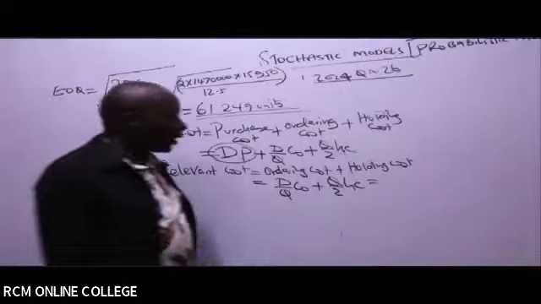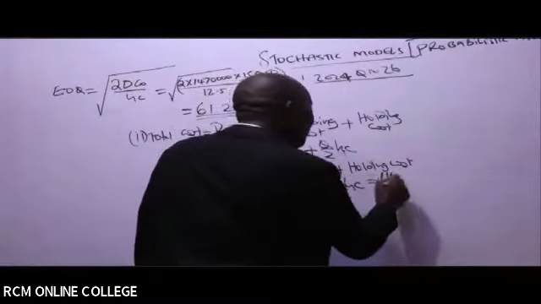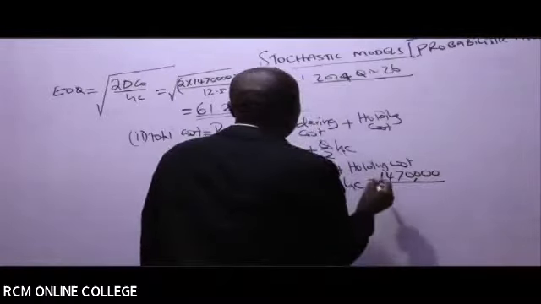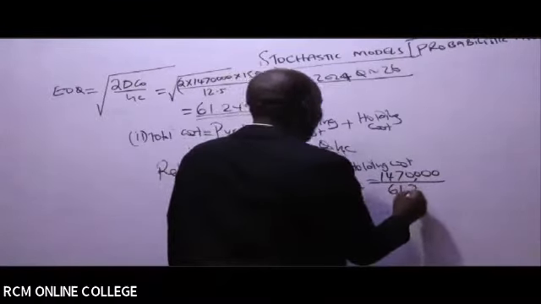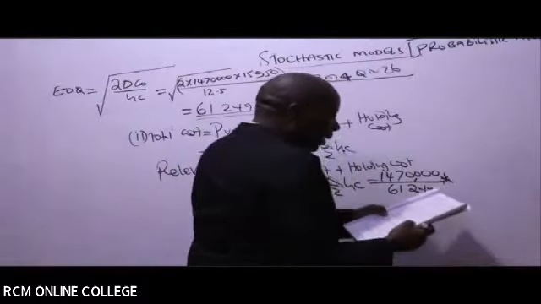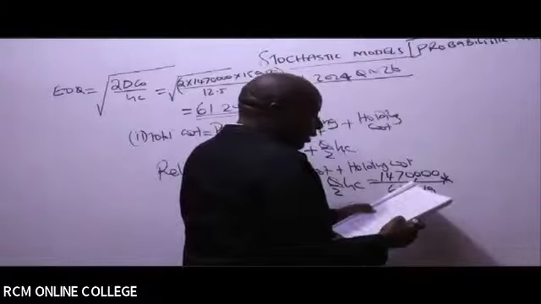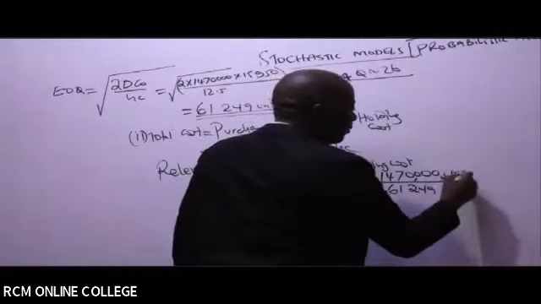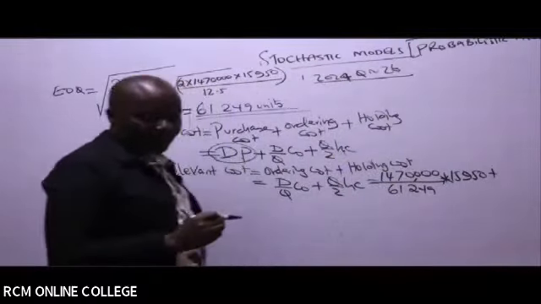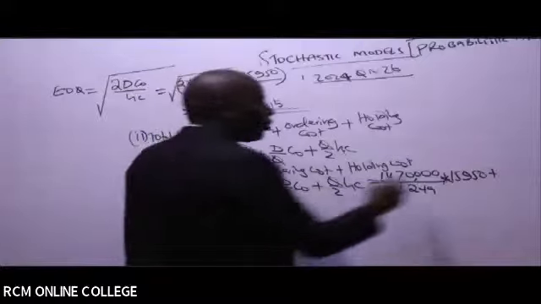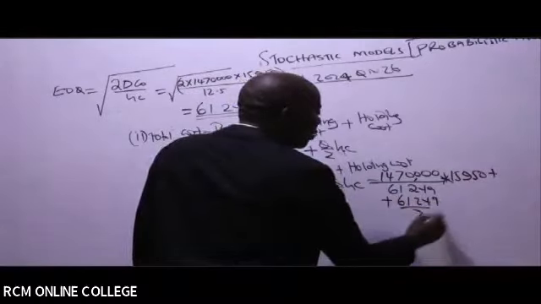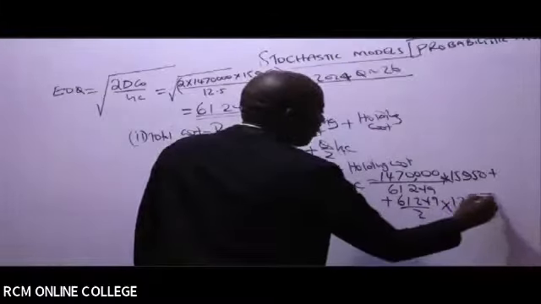Thank you so much. So the annual demand is 1,470,000. I divide this by Q, which is EOQ, which is 61,249. I multiply this by cost per order, which was given in note number 3, 15,950, plus the same EOQ, for lack of space I'll write 61,249 over 2 times that holding cost, which was 12.5.